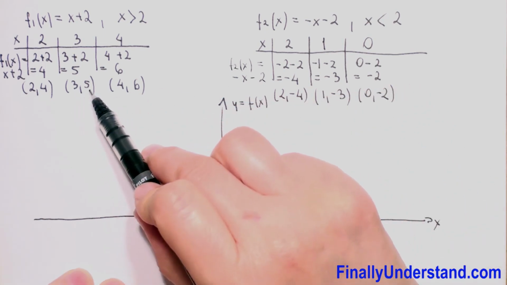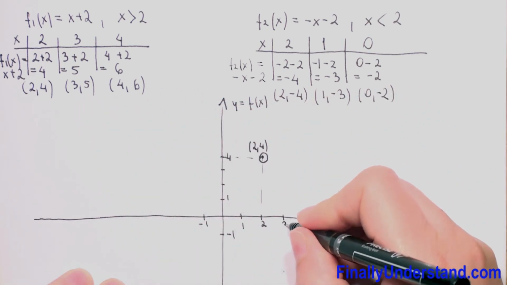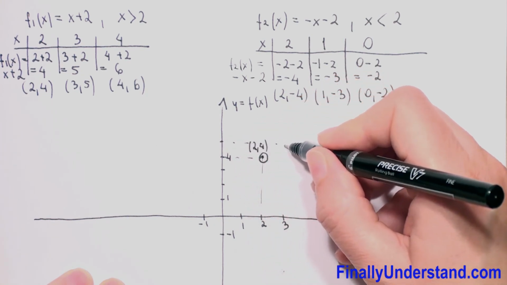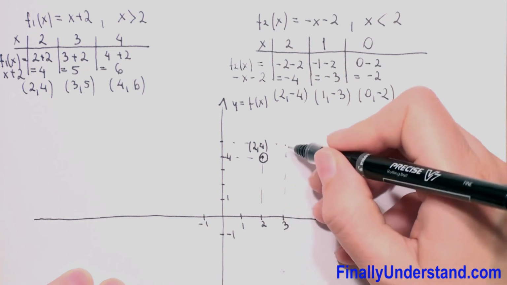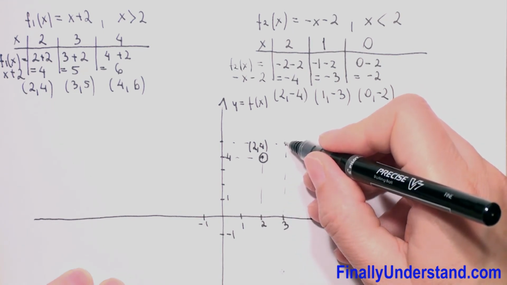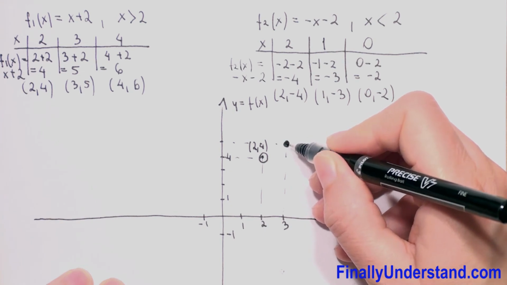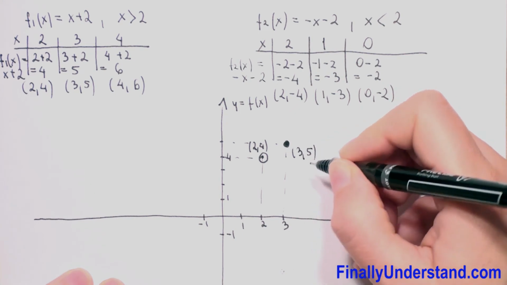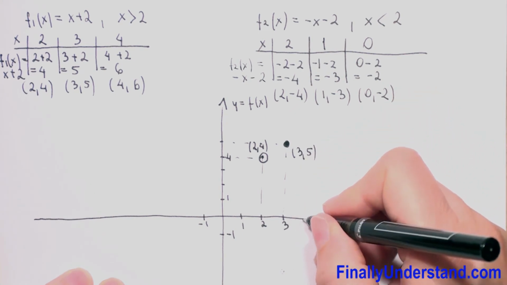Now we have the point (3, 5), and 3 belongs to the domain of our function. This is the point (3, 5). Next we have (4, 6).